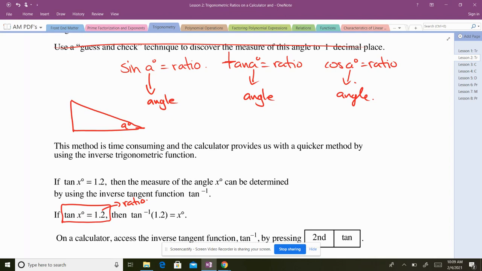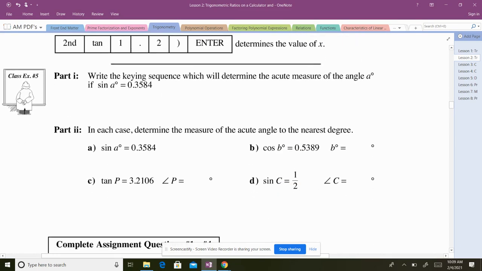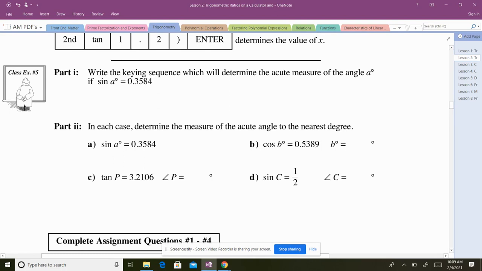Okay. So that is how you find angles. So let's just go back to here. Okay, so here we go. We have sine of A is equal to 0.3584. I want to know what angle A is. So A is sine to the minus 1 of 0.3584.